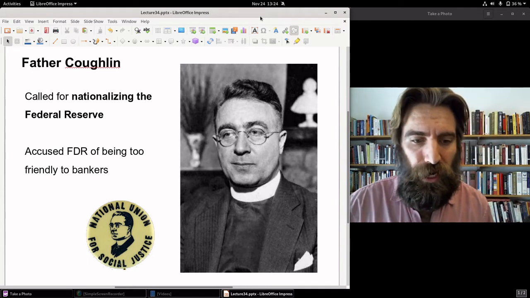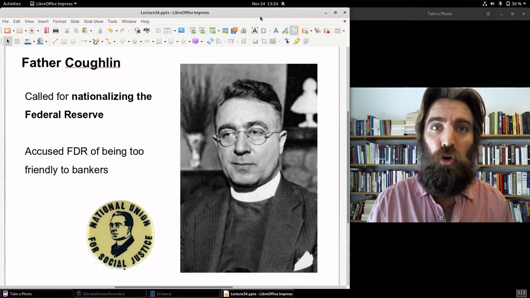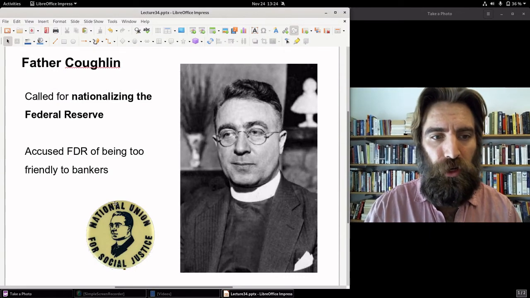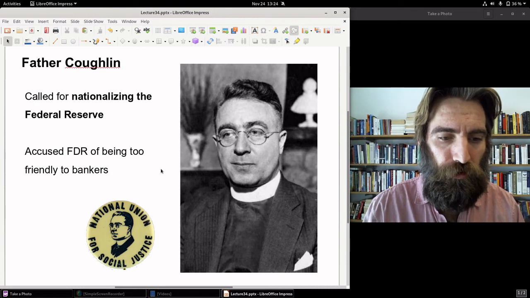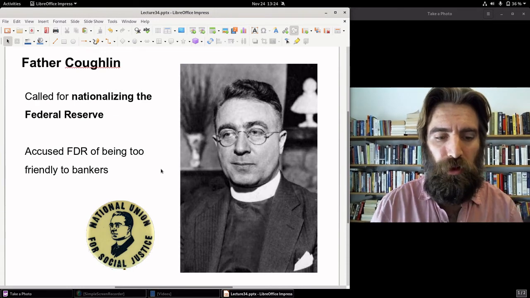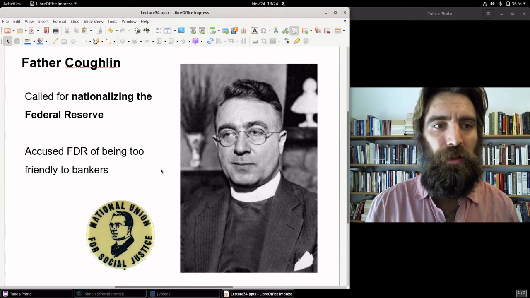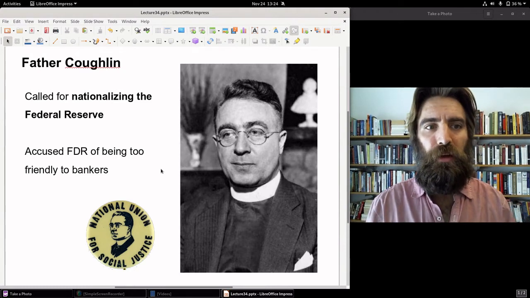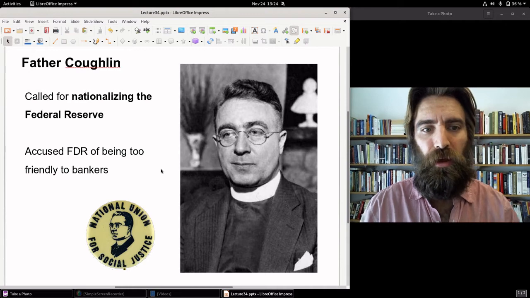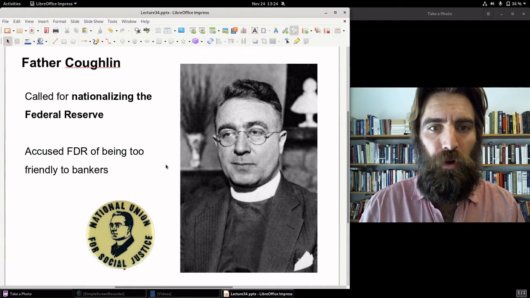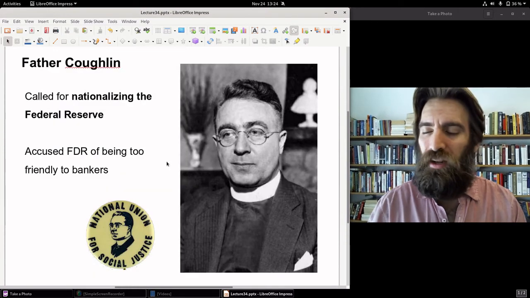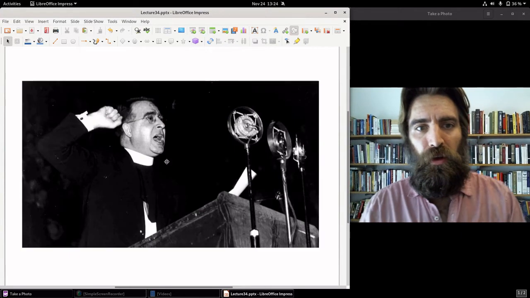Father Coughlin started a newspaper called Social Justice and started an organization called National Union for Social Justice, and had a huge circulation, especially by the mid to late 1930s. And he used it, among other things, to call for nationalizing the Federal Reserve. And he had huge rallies.